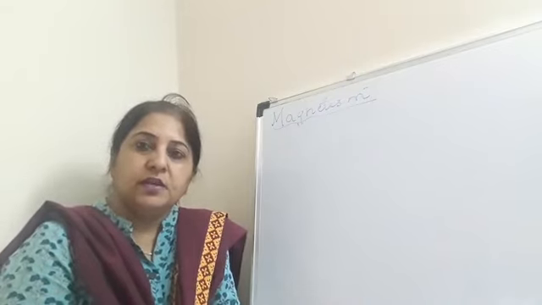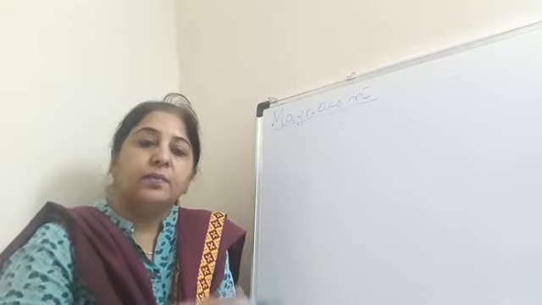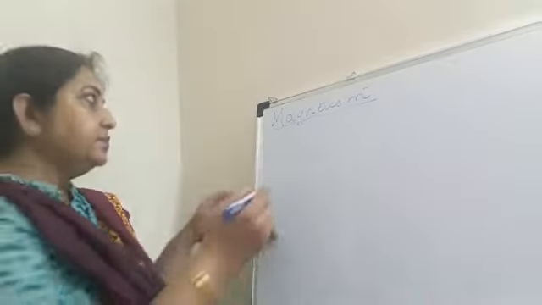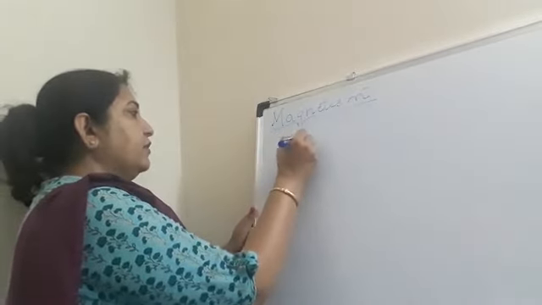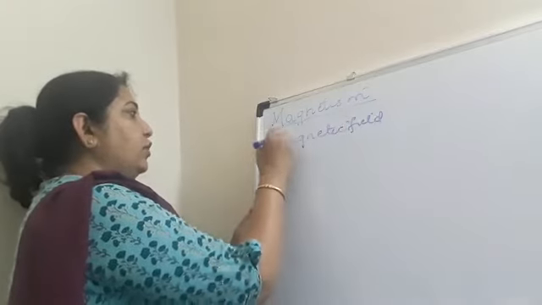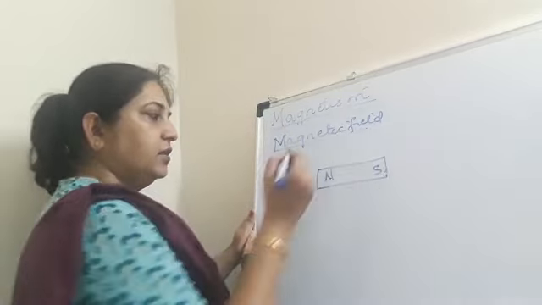So today we are going to discuss what is a magnetic field once again, then how do we represent the magnetic field. So we begin with the topic magnetic field. As I told you yesterday, this is a magnet, north and south are the poles.